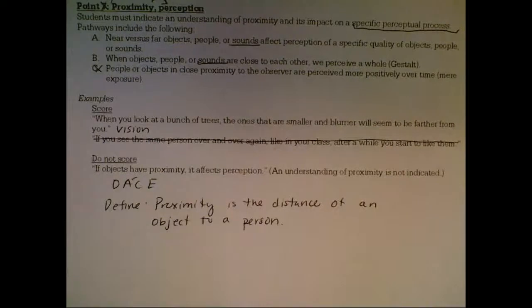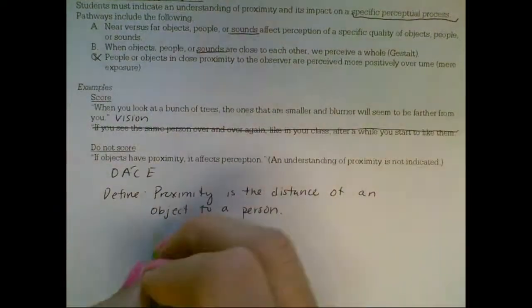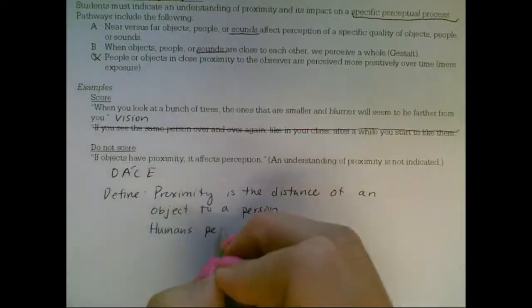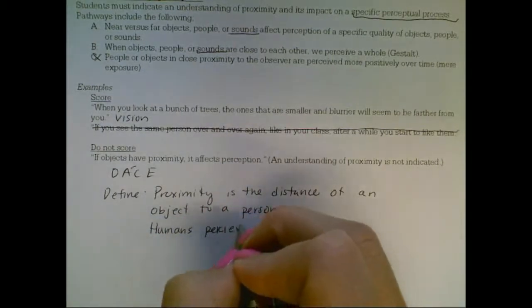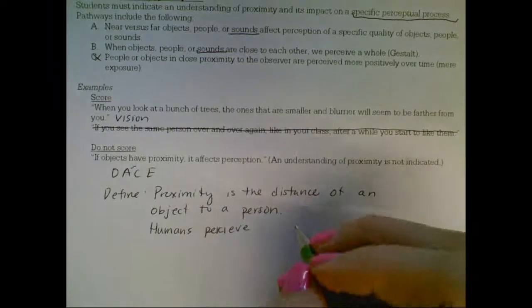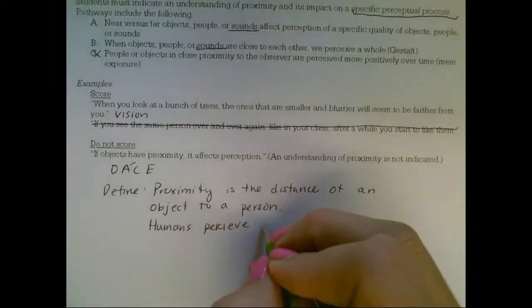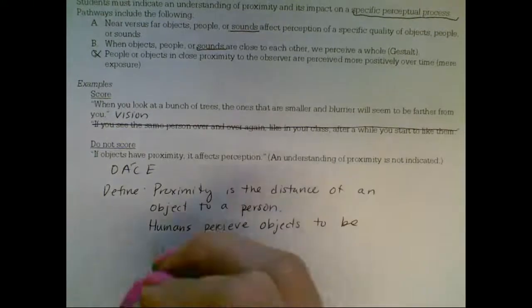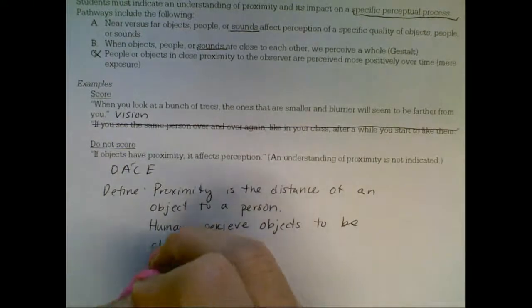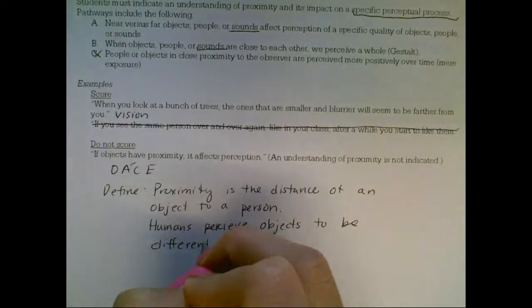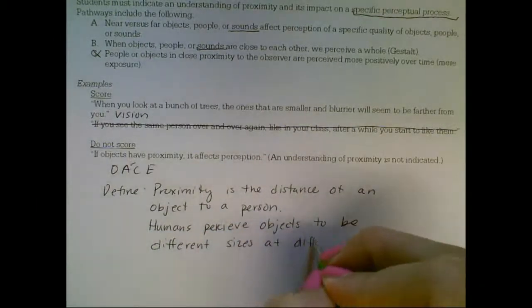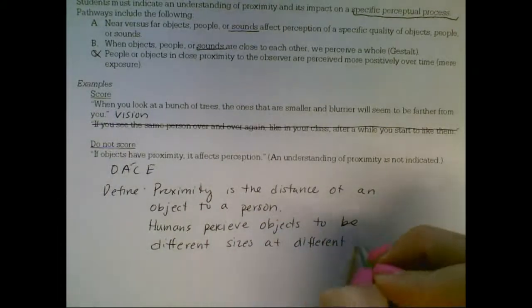So what I want to do, maybe I want to do sound, okay? So humans perceive, or maybe I'm going to do vision, sorry. Objects to be different sizes at different distances.